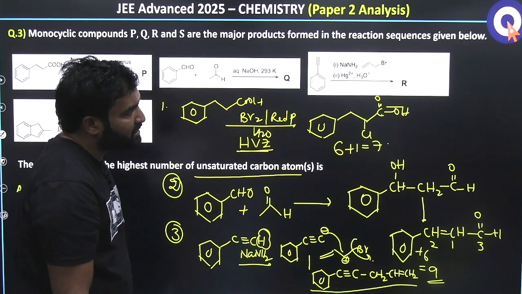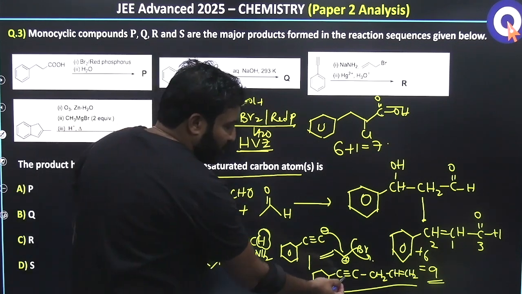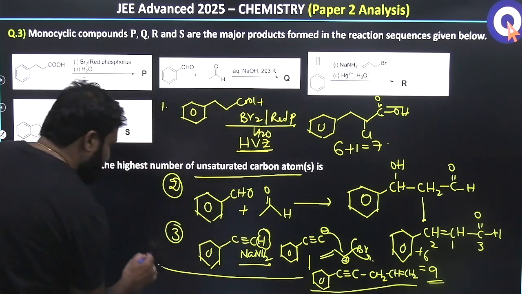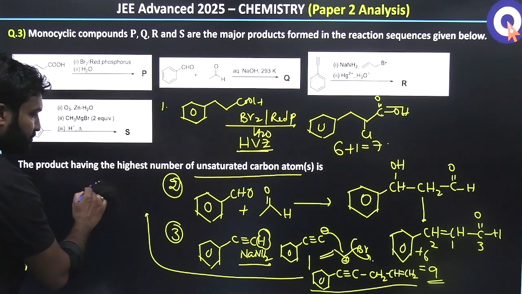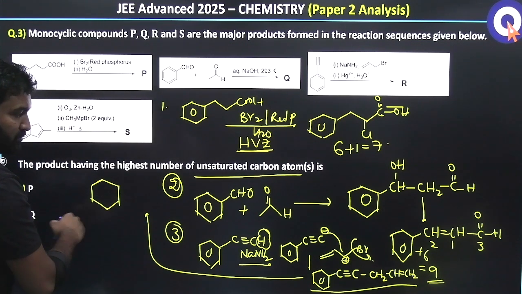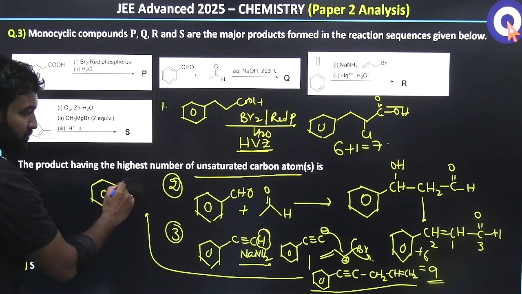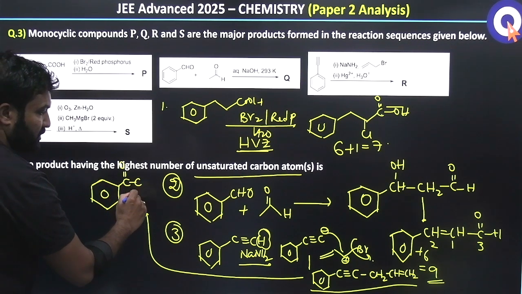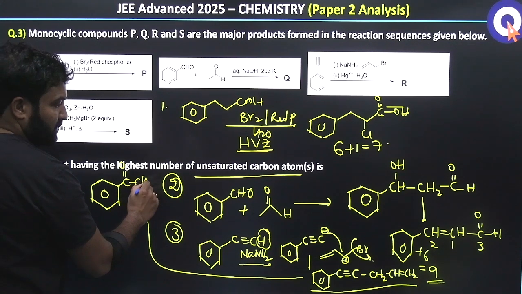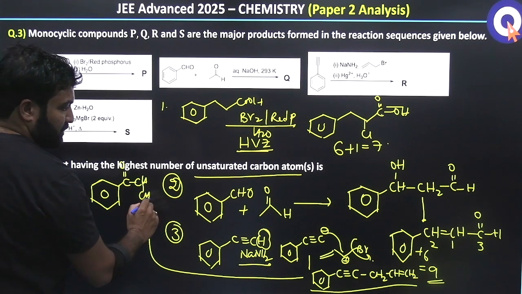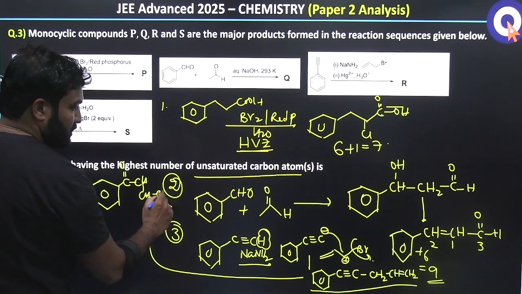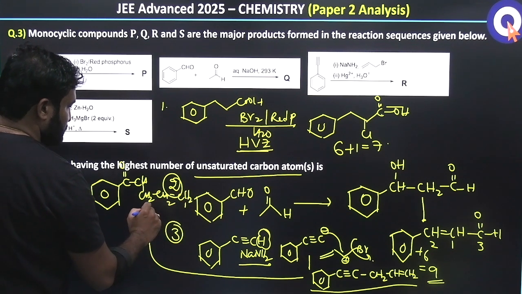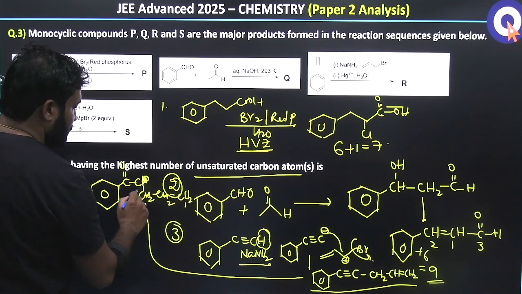So here what exactly happens in this? Whenever triple bonds are there, this triple bond can be converted into C double bond O, right? CH and CH2, CH double bond CH2, 1, 2, 3 and here anyway the double bond is there.